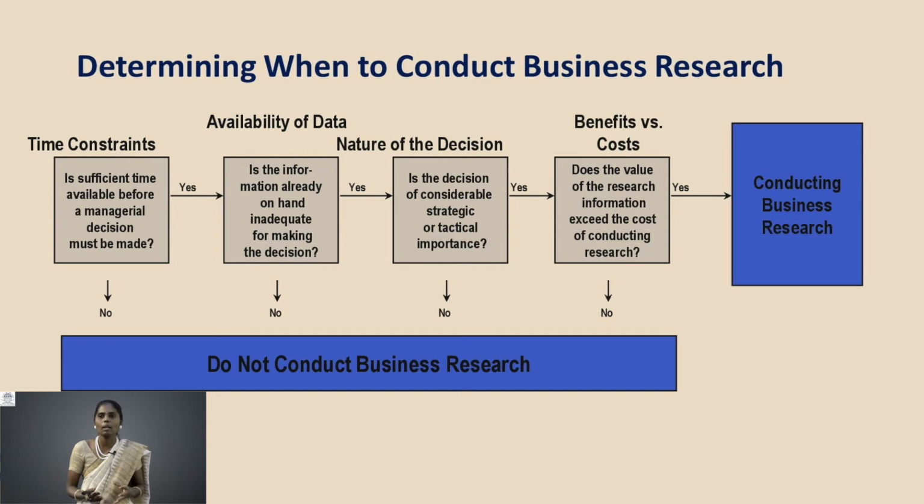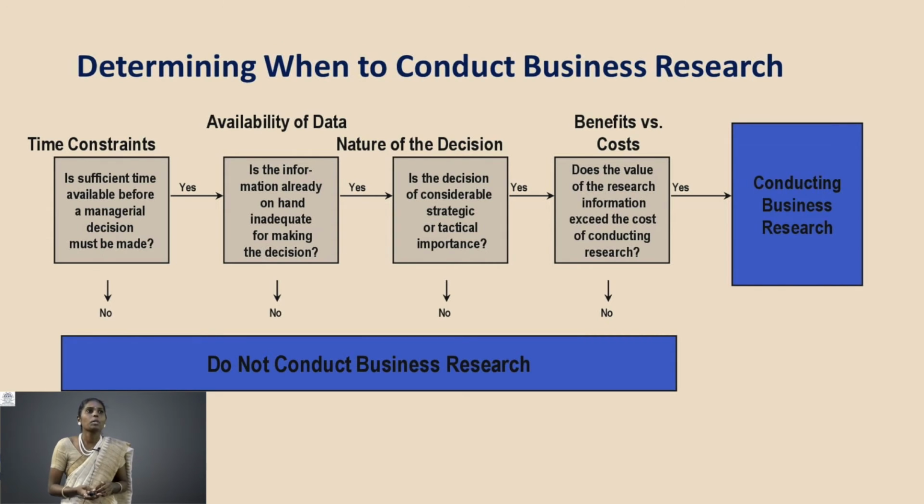If there is no time available, if the decision has to be made quickly, then the manager has no time to do this systematic research and has to take decisions based on intuition. If there is sufficient time available, then it is suggested that the researcher or the manager carry out research systematically.